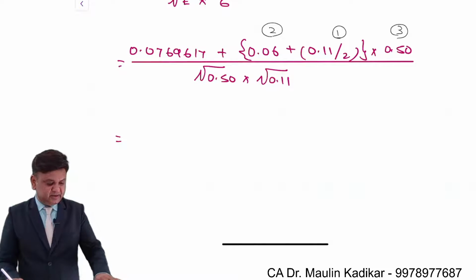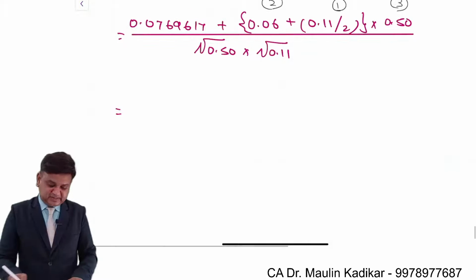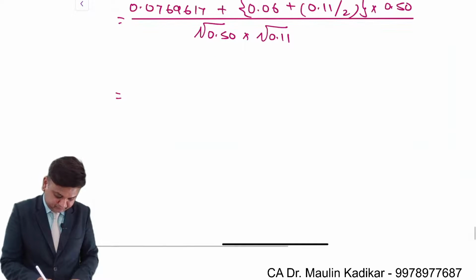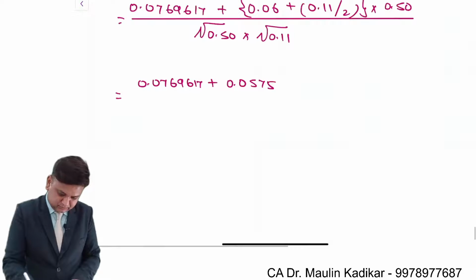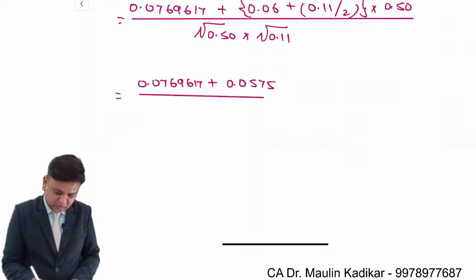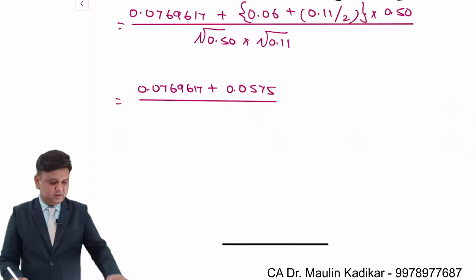Then we will multiply it with 0.5, so 0.0575. Whole divided by under root of 0.5 under root of 0.11.